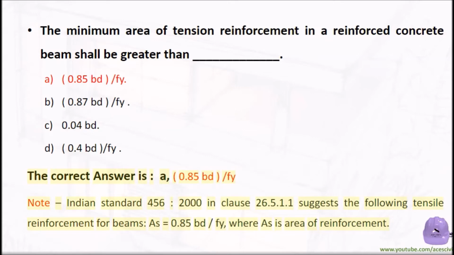The correct answer is A. 0.85 bd/fy. Note: Indian Standard 456:2000, Clause 26.5.1.1 suggests the following tensile reinforcement for beams: As equals 0.85 bd/fy, where As is the area of reinforcement.